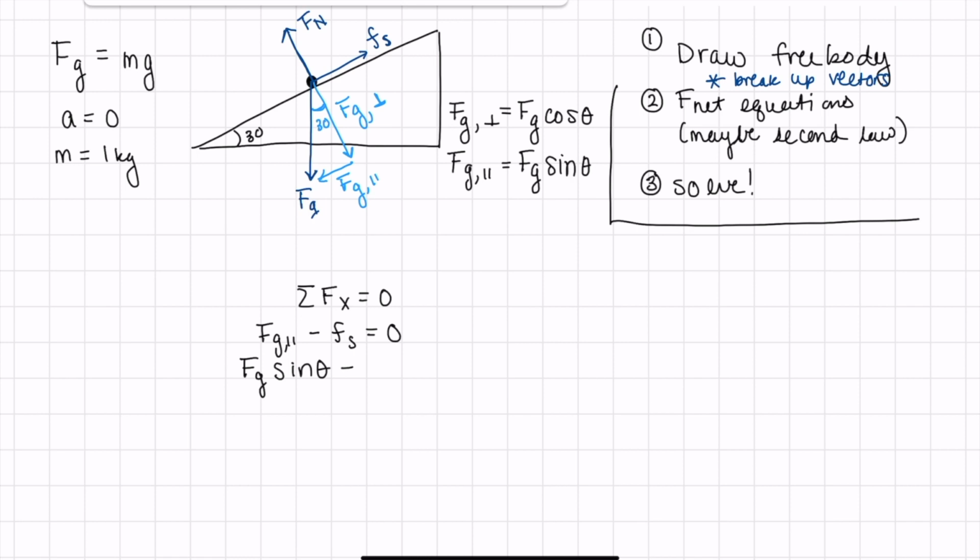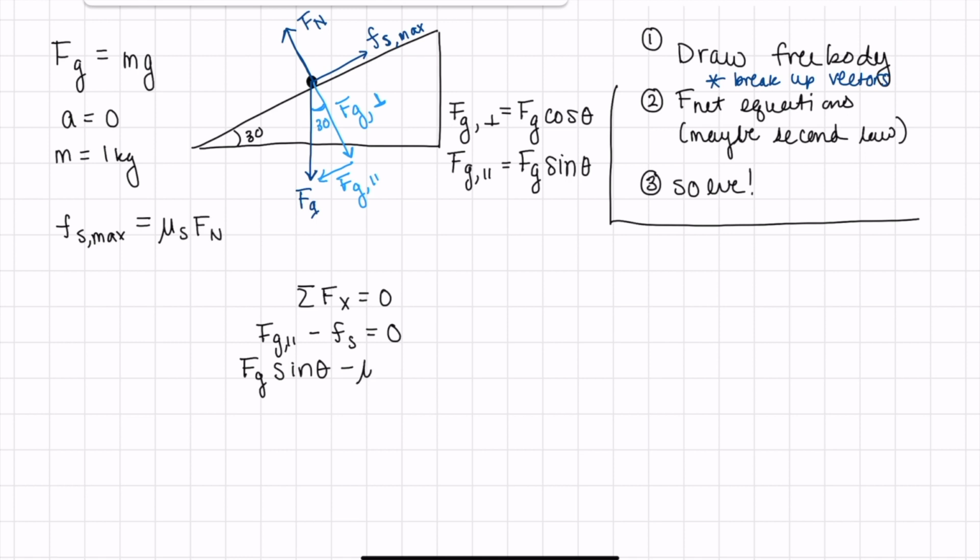For the equation for the frictional force, I should mention, since I didn't talk about this specifically, this is going to be the max, since technically for static it's less than or equal to, but our max static frictional force is mu s times normal force.